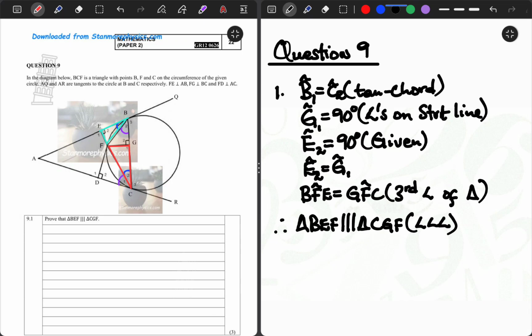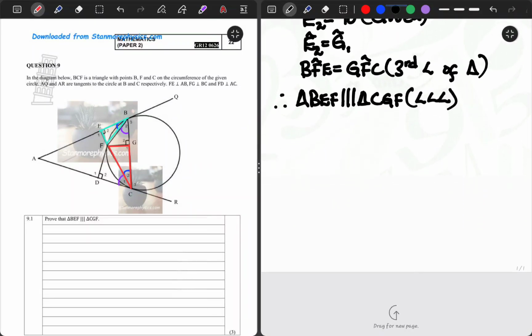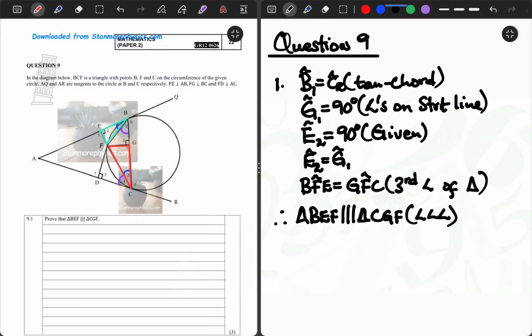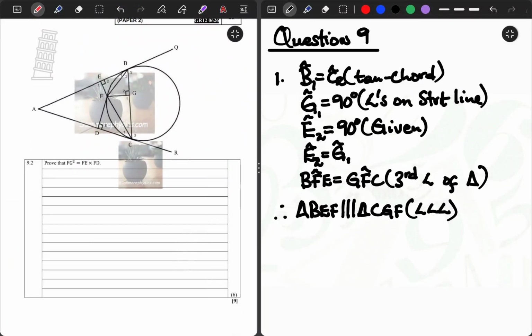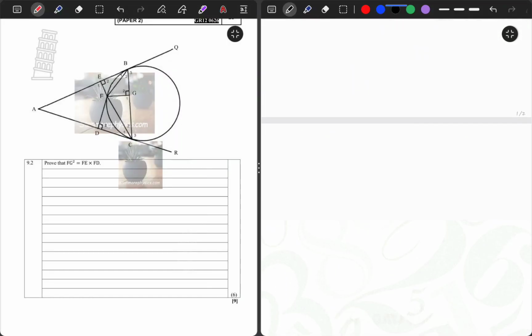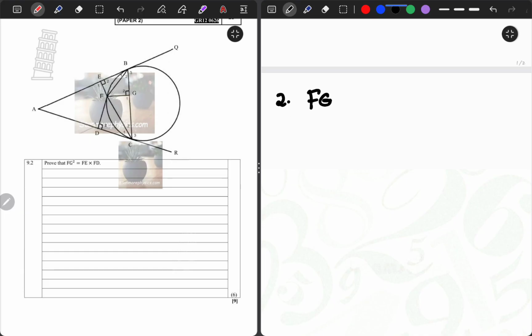Now the second question there, which I think I'll need a space for, it's this one. Number 2, they say we need to prove that FG square equals to FE times FD.